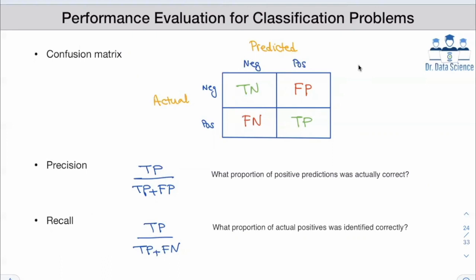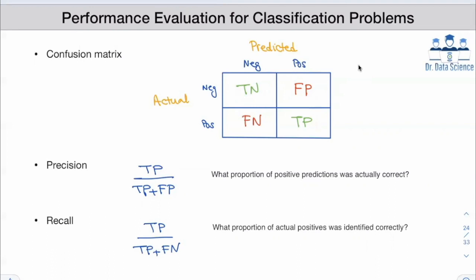But we also have other interesting metrics, including precision and recall. For precision, we look at the problem in this form: it's true positive over true positive plus false positive. What it measures is what proportion of positive predictions was actually correct, right?